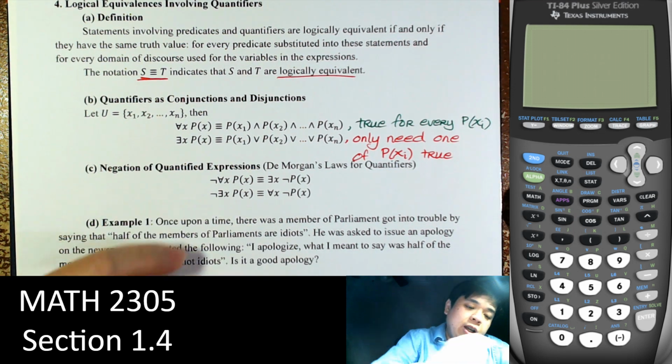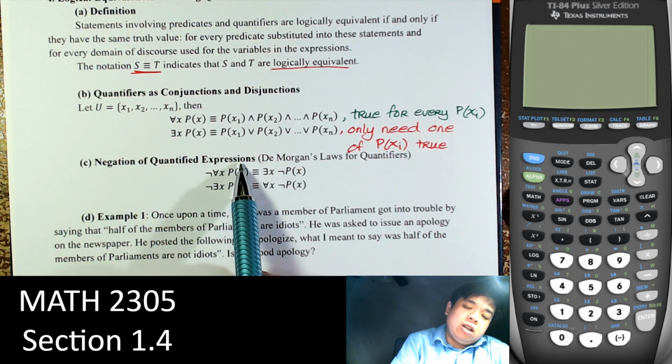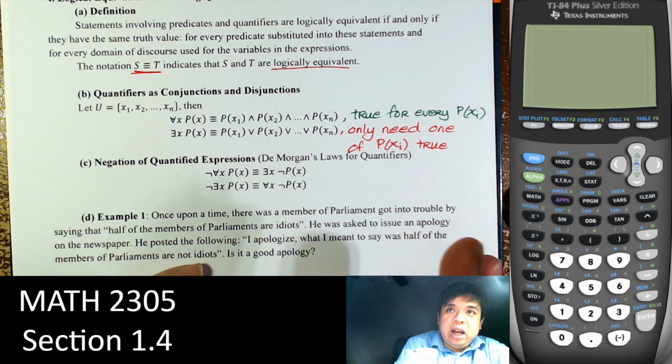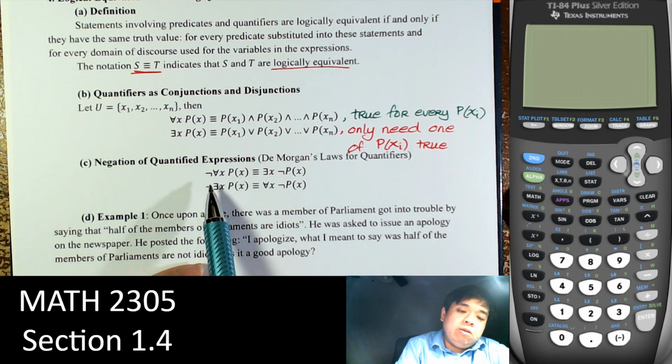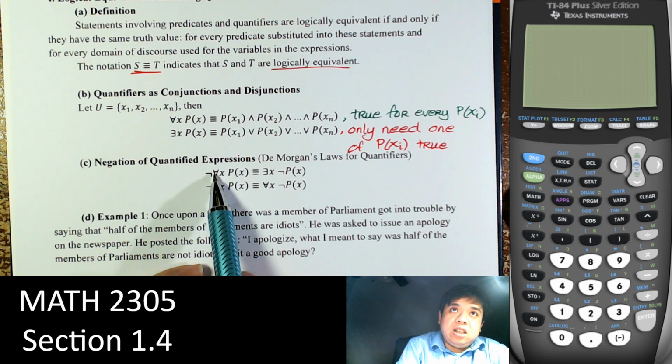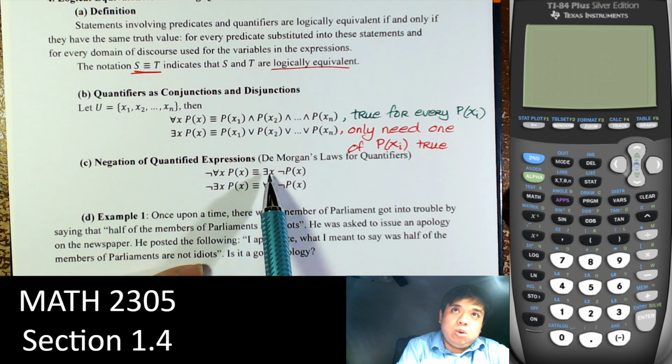Negation of the quantified expression. This is De Morgan's law. When we try to write the negation of a quantified statement, we turn the existential into a universal, or the universal into an existential, and we have to negate the predicate.